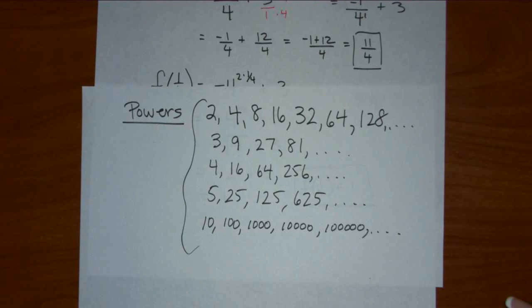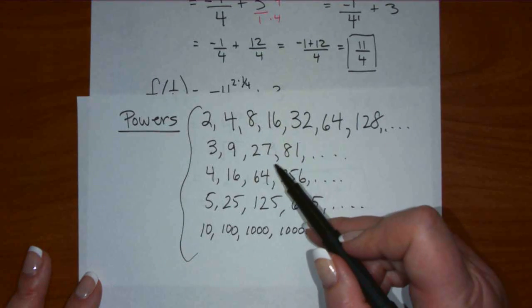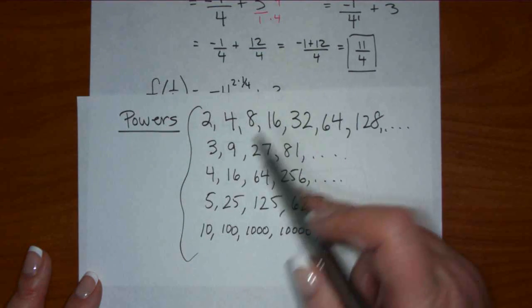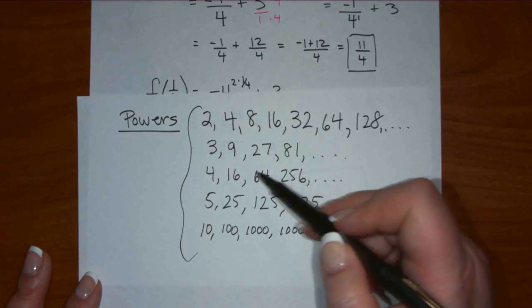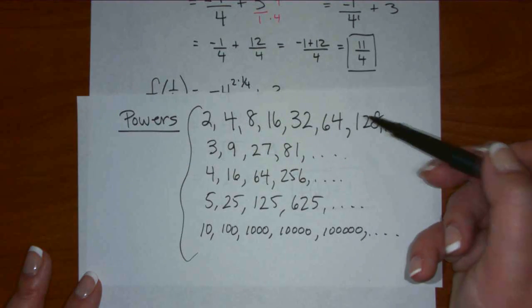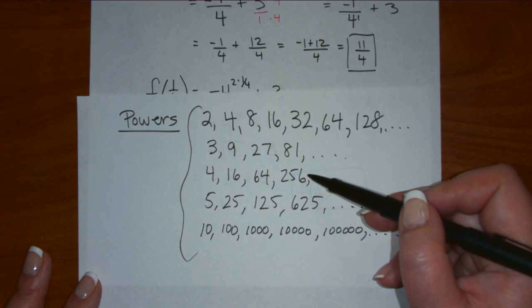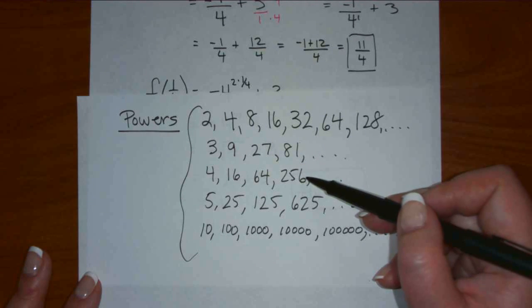If you're seeing something with 64 in it, 64 actually appears here twice. So does 16, so does 4, right? So you can think 2 or 4. What's the next one in 2s? 256, right? So these are all in here.